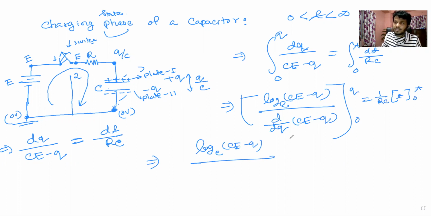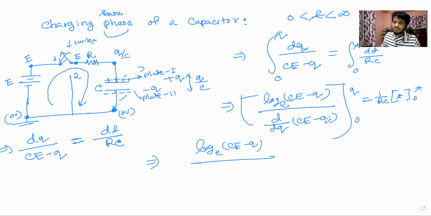And if you differentiate this term c, what will you get? So 0. c and e both are constant value. So if you differentiate this, it will be 0. Fine.